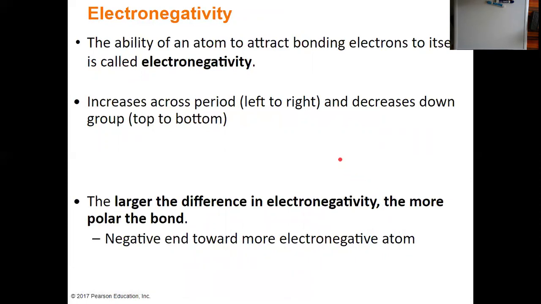All right? If you look back at your periodic table, or at least note it here so that you can go back and look, fluorine is your most electronegative atom, like I said, and francium is your least electronegative atom. And look at where francium is in your periodic table. It's toward the bottom and toward the left, right? So that trend is the opposite of the atomic size trend.